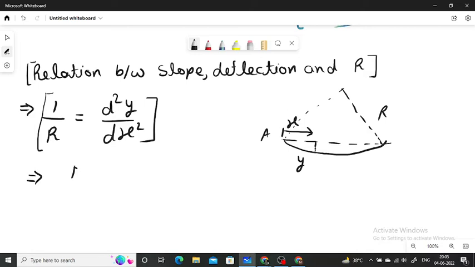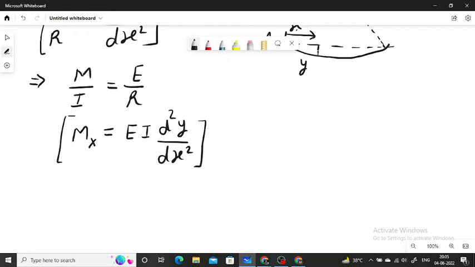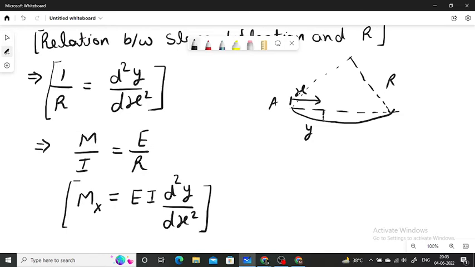From bending equation we know that M upon I is equal to E by R. Now from this equation, bending moment about the section x will be E into I d2y upon dx square, where y is the deflection at a section which is at a distance x from the point A. Okay.